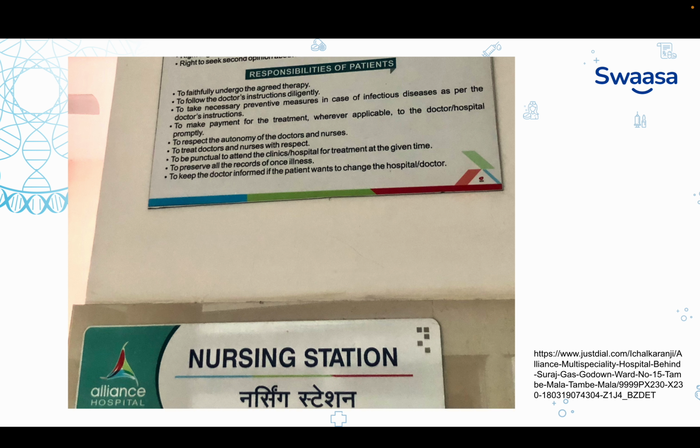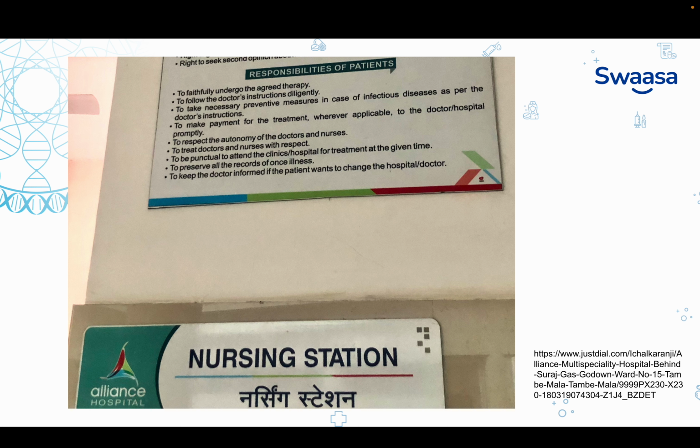The last one is to keep the doctor informed if the patient wants to change the hospital or doctor. Let's talk on this for a minute. I think a lot of times if there are multiple family members involved, some of the family members think that this doctor or the hospital is good.